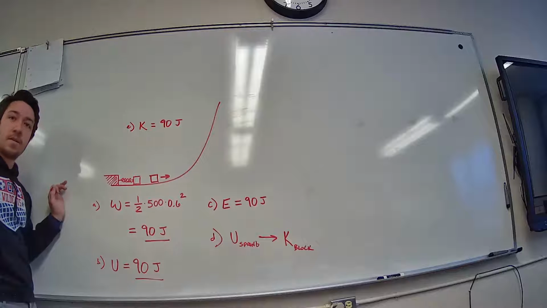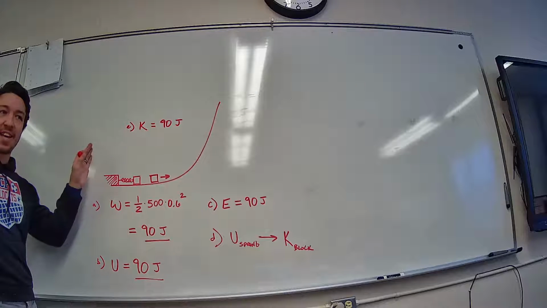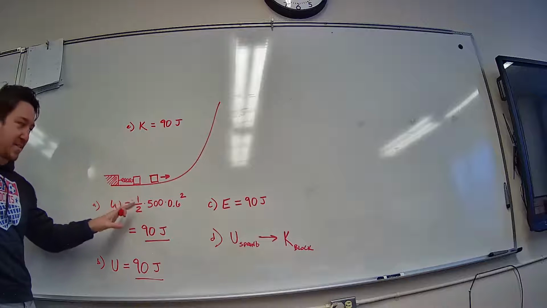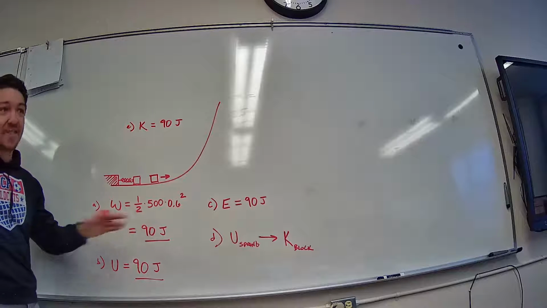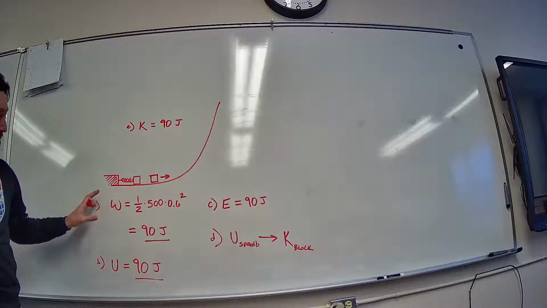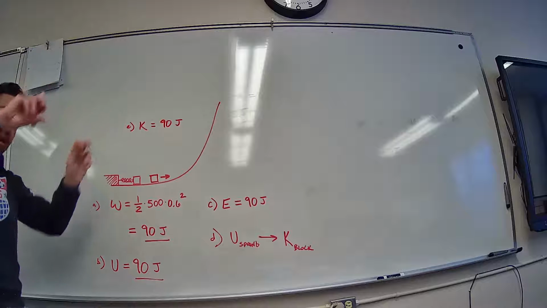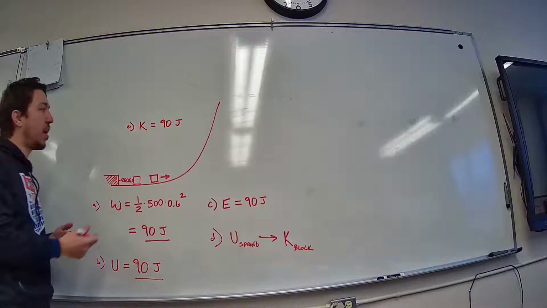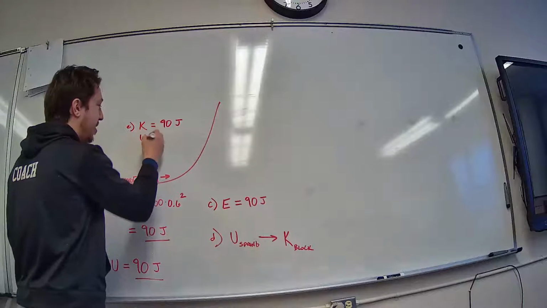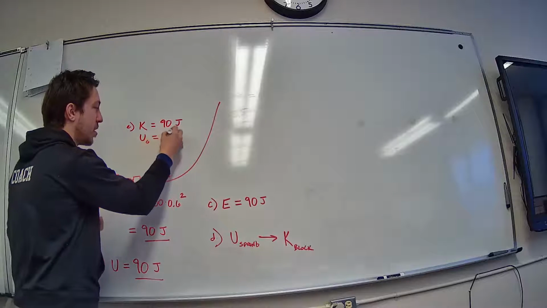If there are any future accountants in here, this is very much like accounting. There's $90. Where is it? You have to account for it. You've got to be like, there's 90 joules in this system. It was stored in the spring. Well, now it's stored in the block's movement. Did any of that 90 joules go into gravitational potential energy yet?